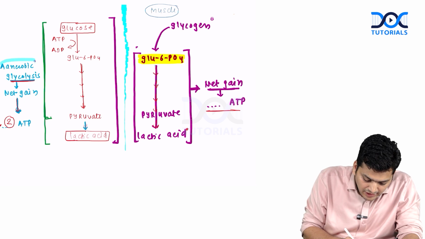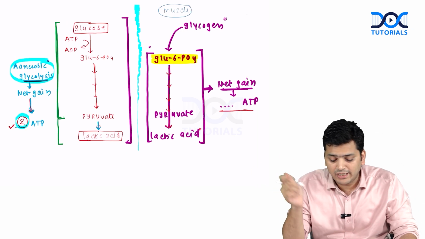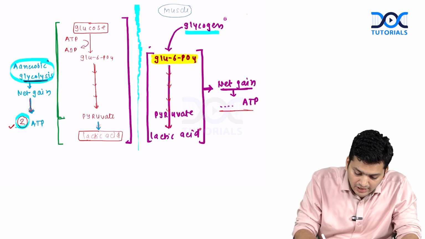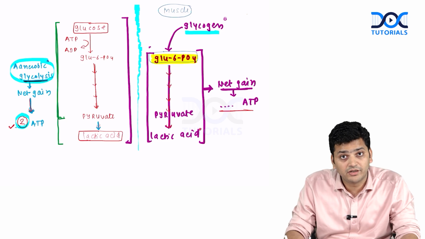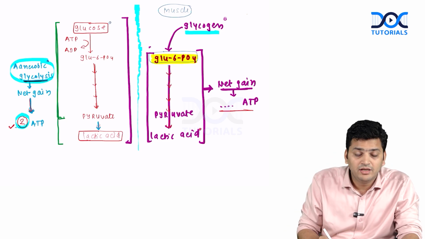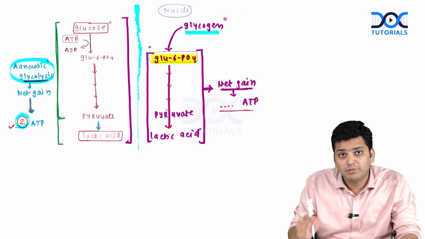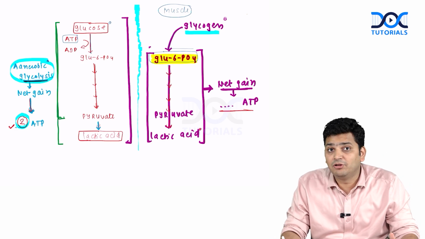Normally from anaerobic glycolysis, how much ATP are you getting? 2. But if you do the anaerobic glycolysis here, you are starting from which molecule? Glucose 6-phosphate. Normally you should start from glucose. If you start from glucose, you require 1 ATP. Because now you have bypassed this step, the 1 ATP will not be used.